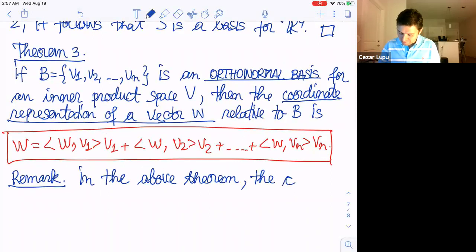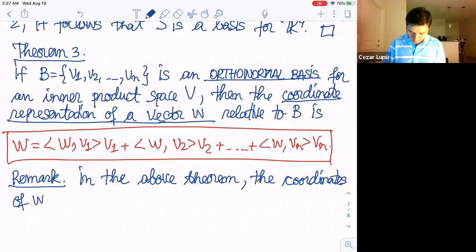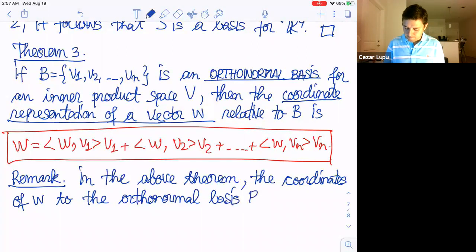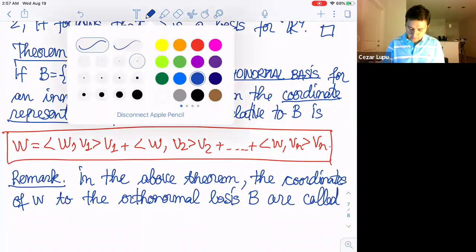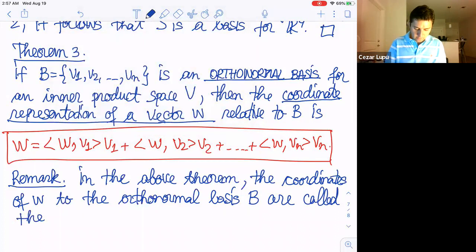The coordinates of w relative to the orthonormal basis B are called the Fourier coefficients of w.